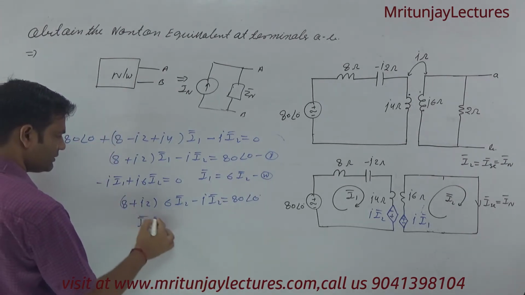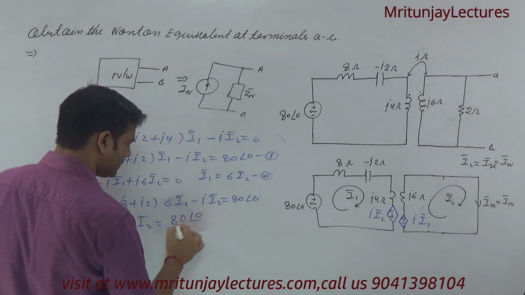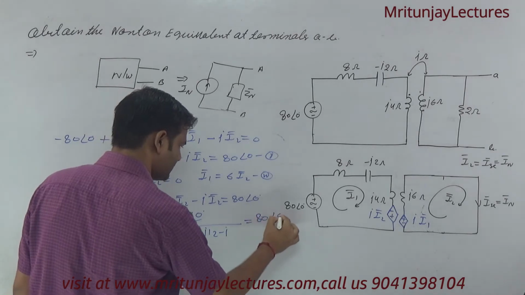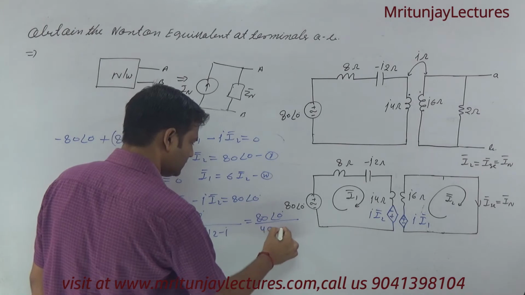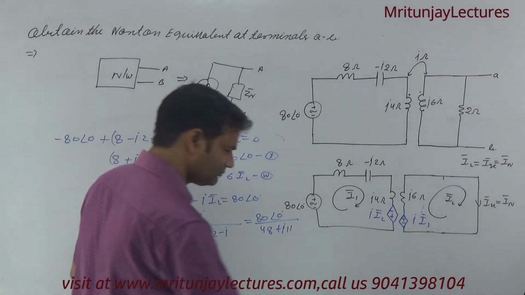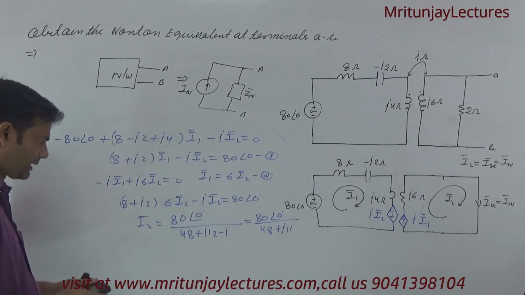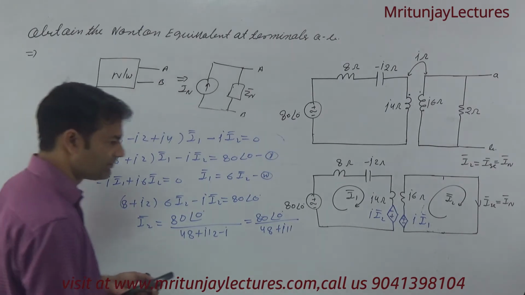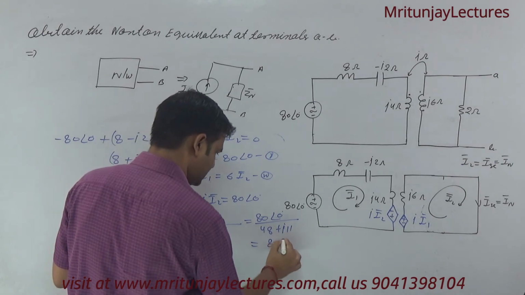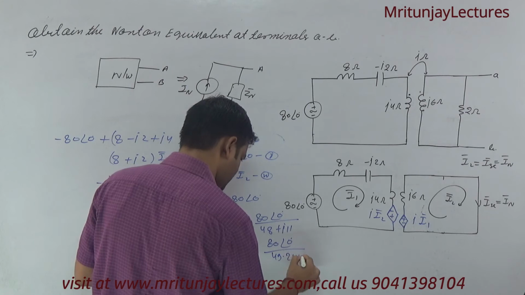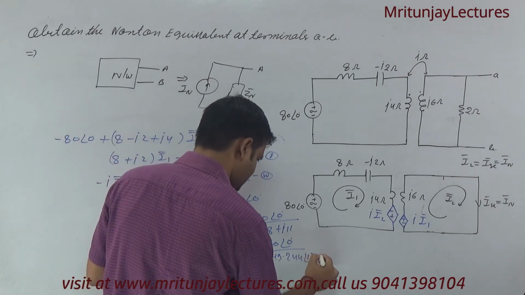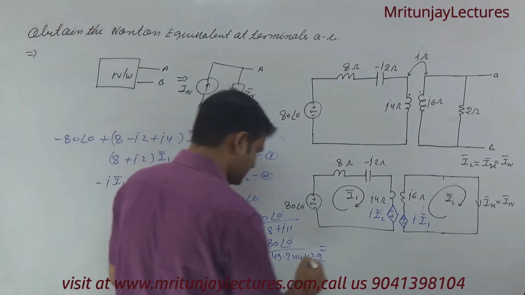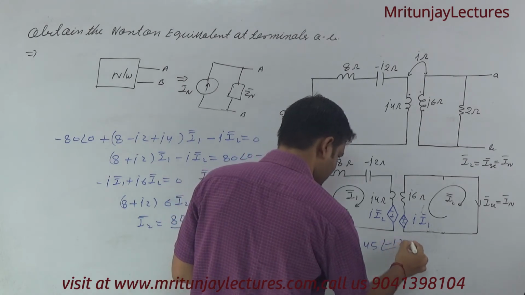Now I2 is equal to 80 at the angle 0 divided by 48 plus J11. So 48 plus 11J is converted into 49.244 at the angle 12.9. So 80 at the angle 0 divided by 49.244 at the angle 12.9 is 1.6245 at the angle minus 12.9 ampere.